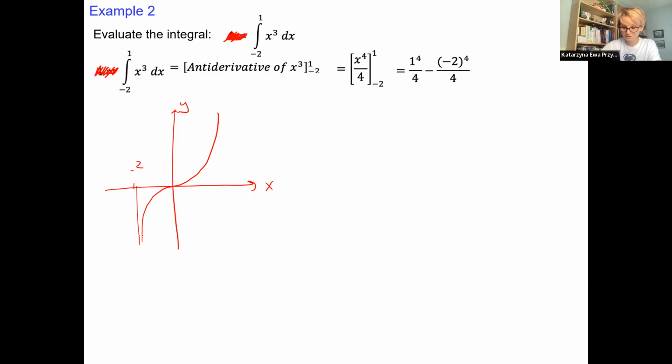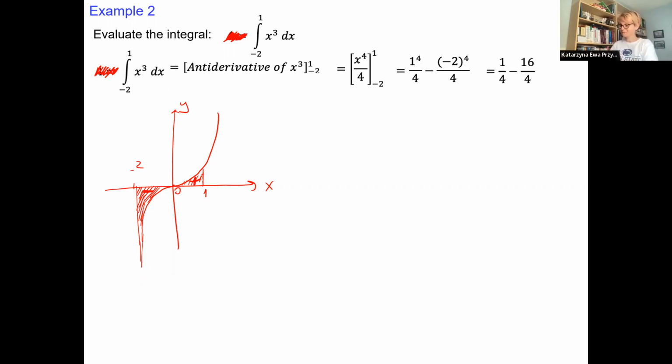From -2 to 1, yes, it is correct, because let's see the net area, below and above. It's easy to make some mistake, but then we know what to expect. The negative part below is definitely larger than the positive part above. That's a quick justification.